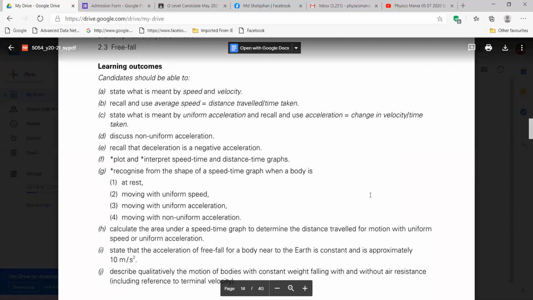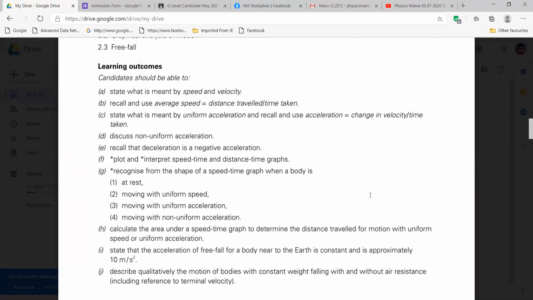Calculate the area under a speed time graph to determine the distance traveled for motion with uniform speed or uniform acceleration. So it's a new thing and related to numerical calculations.